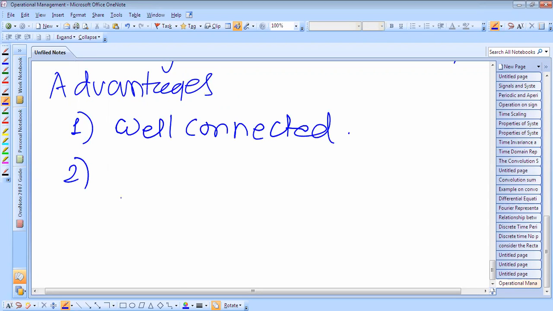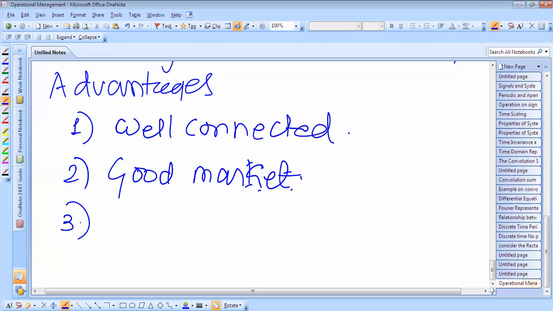Second, it provides a good market also. The city has the market, and therefore whatever the production, the finished goods can be distributed to the customers in the markets. That is the advantage of the city.